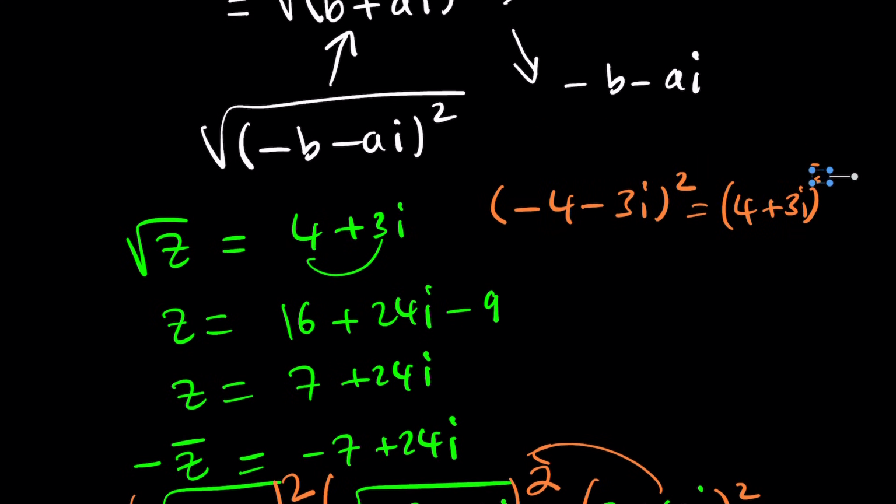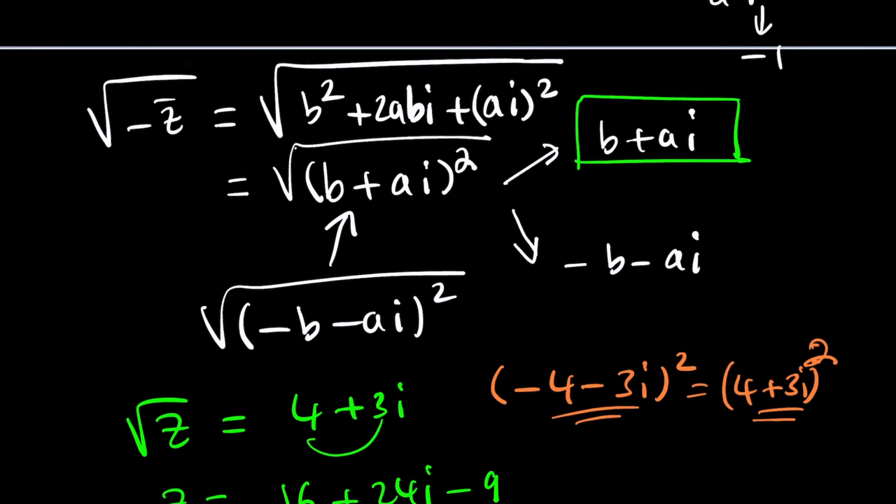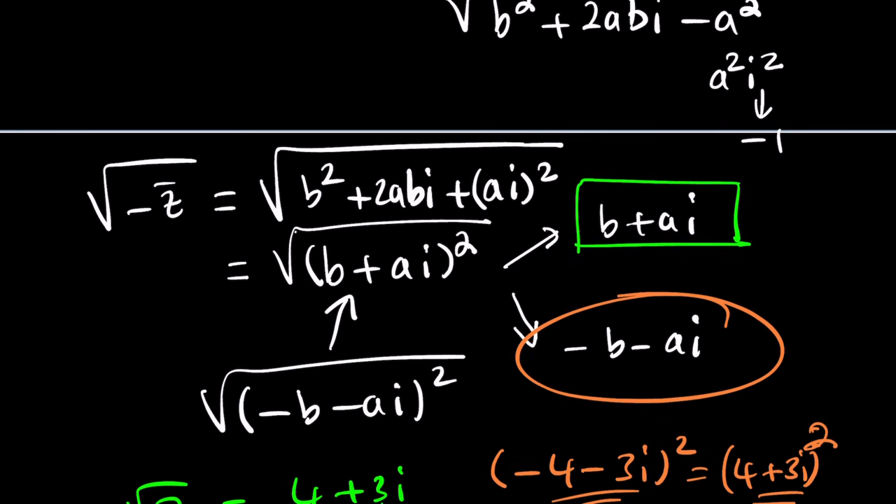This is what I meant. So these two things are basically equal. Therefore, either one of them can be a solution. So what's the answer? The answer is, there are two answers, okay? If the square root of z is a plus bi, then the square root of the opposite of z bar is b plus ai or -b minus ai, depending on which branch you want to use.